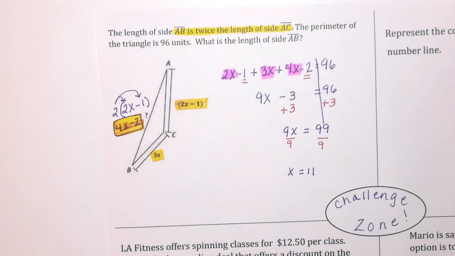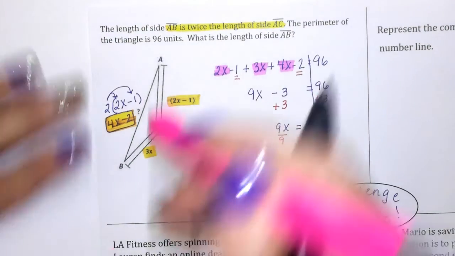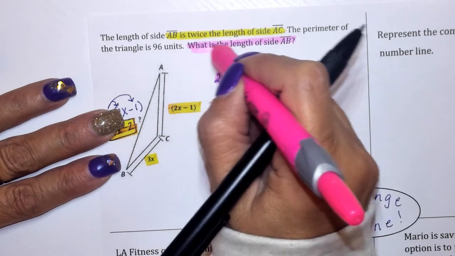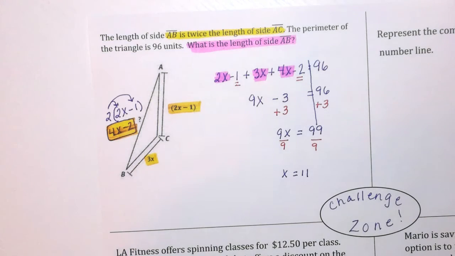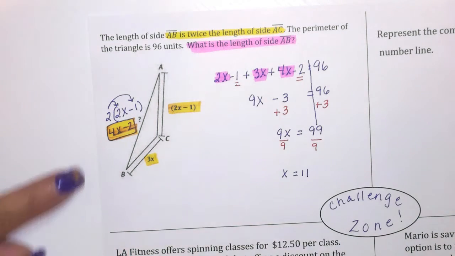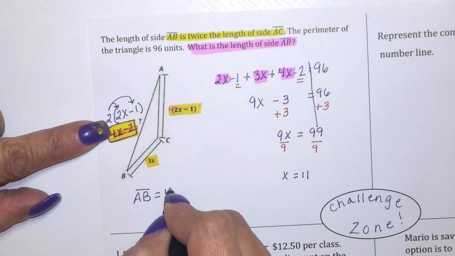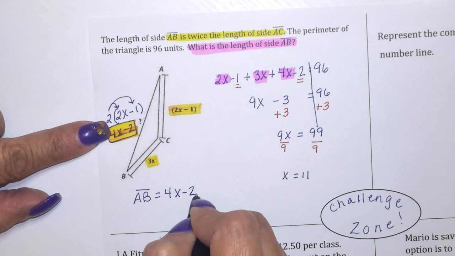I can stop. No, because what the question was is, what is the length of AB? The question was not what is x, it's what's the length. Okay, AB. The length of AB is 4x minus 2.